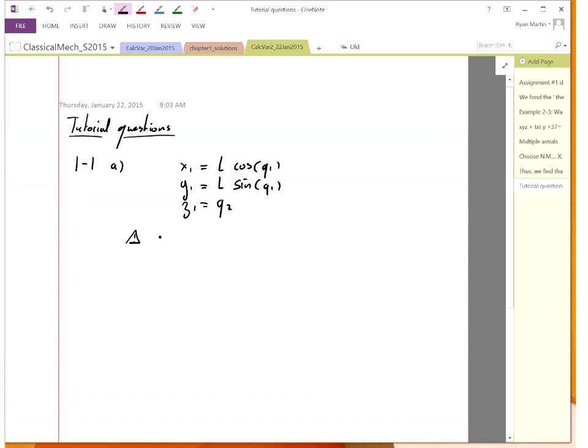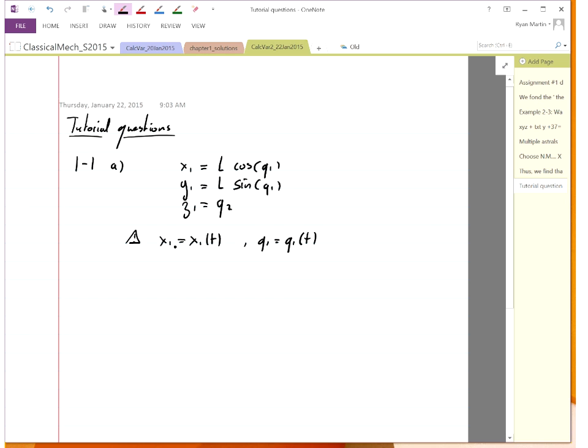Remember, these are the coordinates of particles. So x1 is really a function of time, and similarly q1 is also a function of time. I just don't write the t's everywhere, but the coordinates should always be thought of as functions of time.